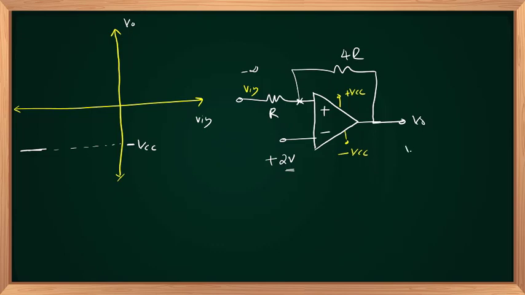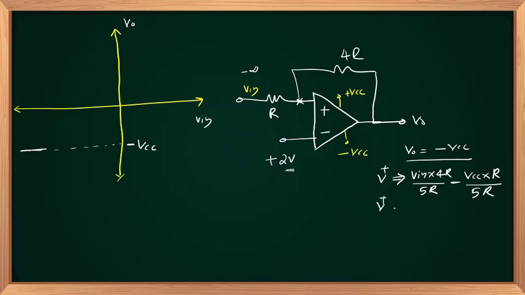So at V out equal to minus VCC, I should identify my V plus. V in divides between 4R and 5R. So we'll have V plus equal to V in, as earlier, 4R by 5R, and the output, right now at minus VCC, divides between R and 5R, so R divided by 5R.